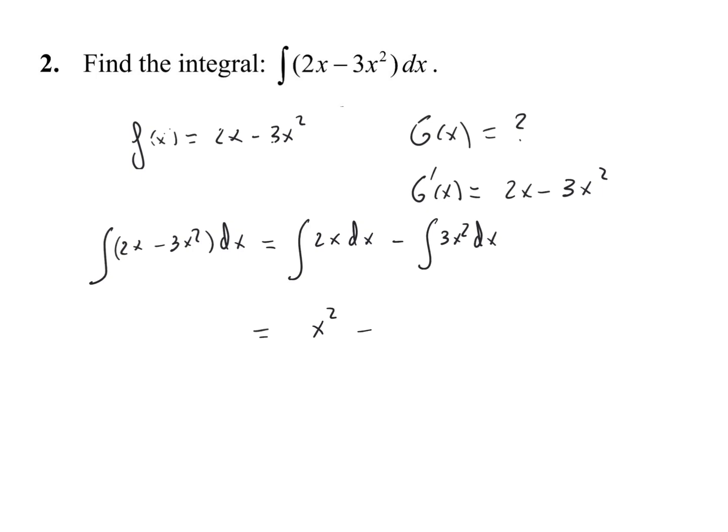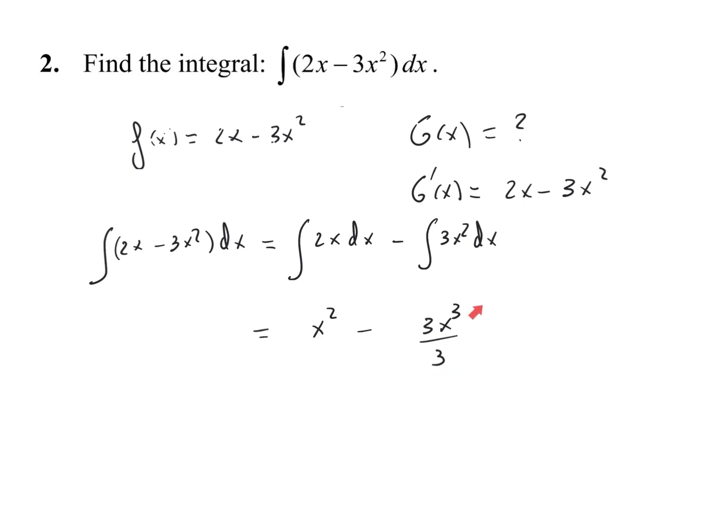What is the antiderivative of 3x squared? The antiderivative of this function, 3x squared, is a new function whose derivative is 3x squared. Which one is it? It is 3x cubed divided by 3. Why?